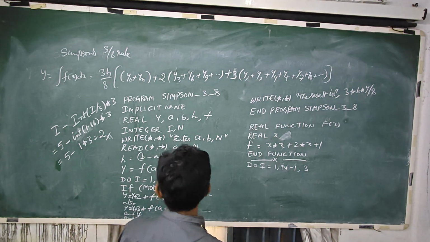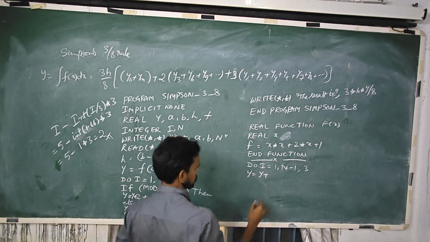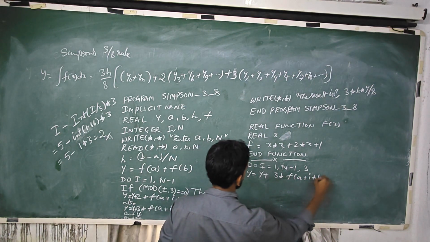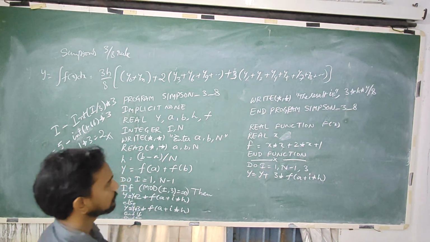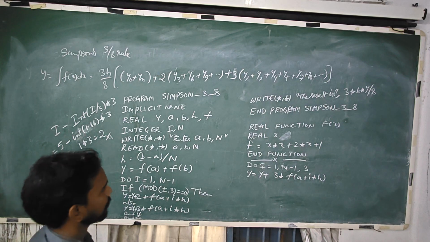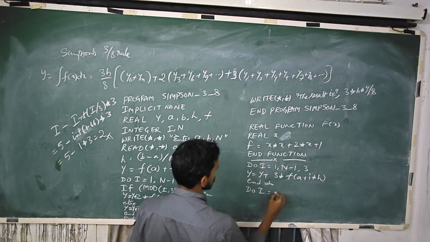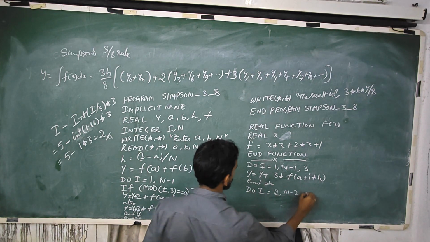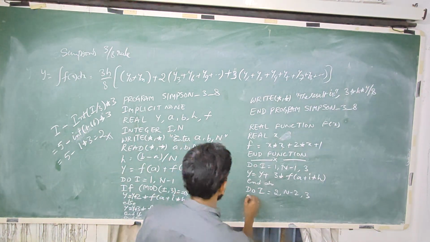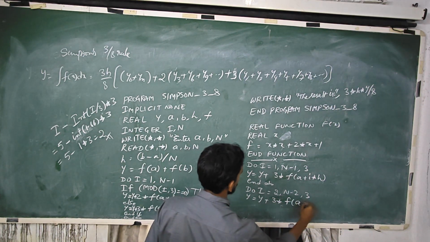So do I 1 to n minus 1 with a step size of 3, y is equal to y plus 3 star f of a plus I star h. Then do I is equal to 2 to n minus 2 with a step size of 3. Y is equal to y plus 3 star f of a plus I star h.